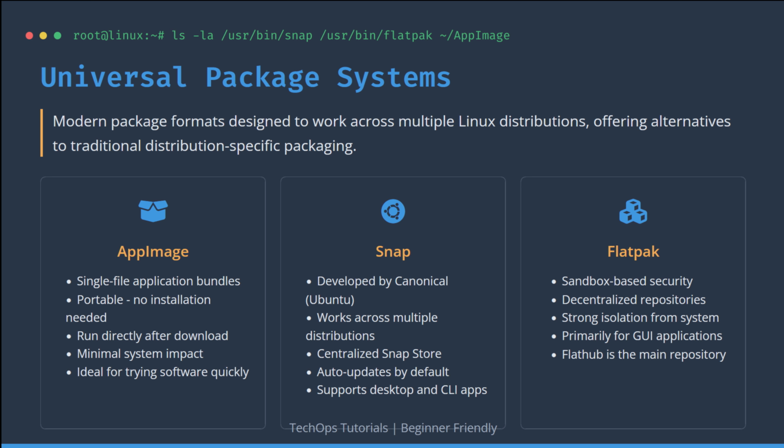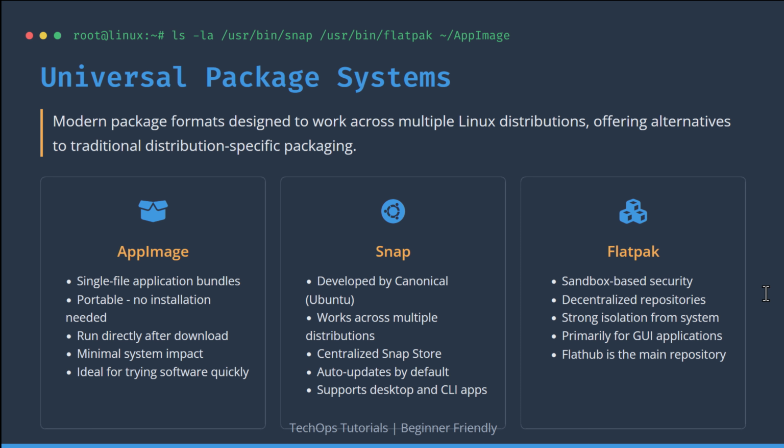software. Next, there is Snap, developed by Canonical, the team behind Ubuntu. Snap works on a lot of Linux versions, connects to a central Snap store, and updates your applications automatically. It supports both desktop and command line applications. Then we have Flatpak.